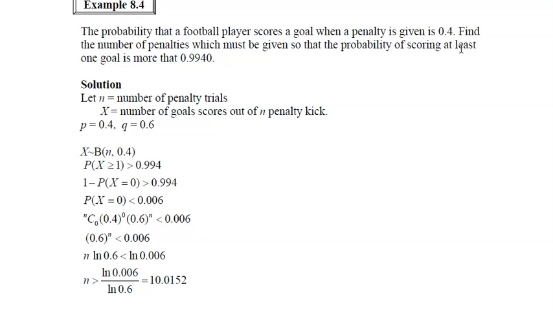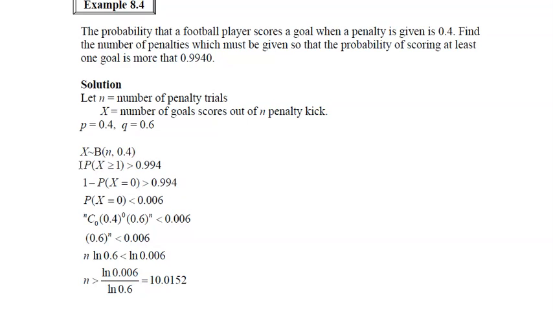The probability of scoring at least one goal is more than 0.9940, which you can write in the form of probability of x more than or equal to 1 is more than 0.994.